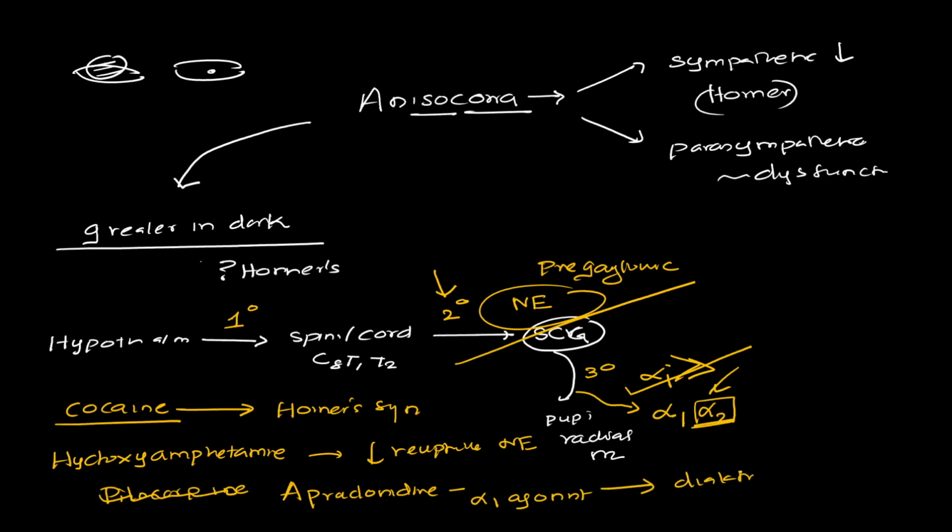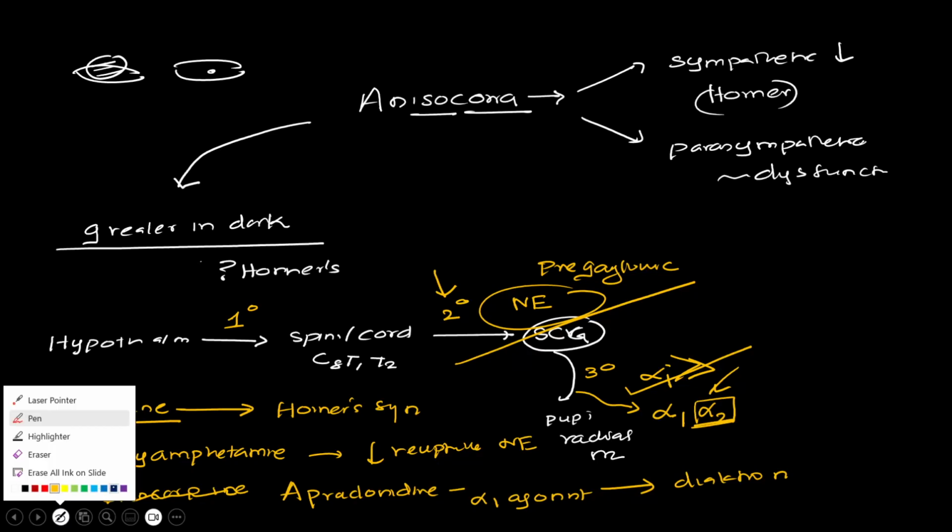So if the constricted pupil shows some sort of response to apraclonidine, then you know that this is actually a Horner's pupil, and the anisocoria is due to the lack of the sympathetic pathway. Right.